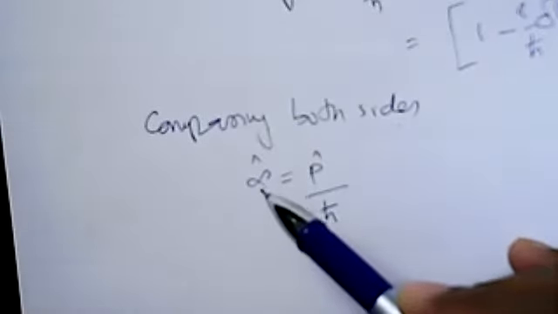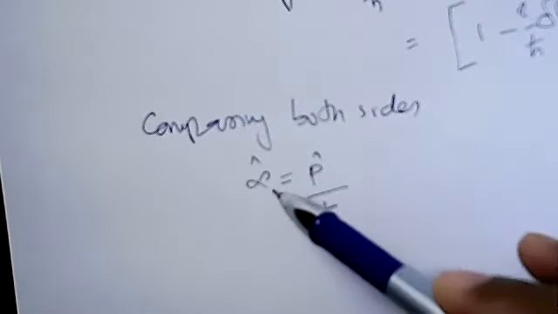Okay. So we have found out who was doing this translation. We assumed that alpha is performing this translation. So now we found that by some simple idea of quantum mechanics, infinitesimal translation, alpha is nothing but P by h cross.